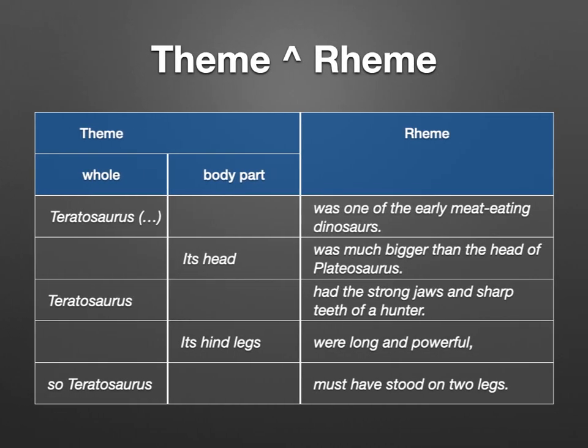So it's just that the theme alternates between the whole and the body part. And I say this because it's important to support our making mileage out of the analysis we create when we analyze a text grammatically. So we want to get as much support as possible to interpret the results of the analysis.